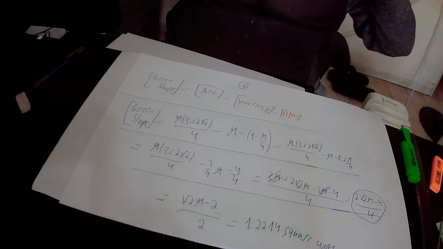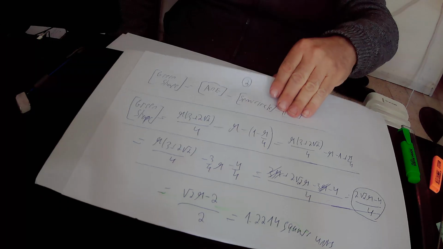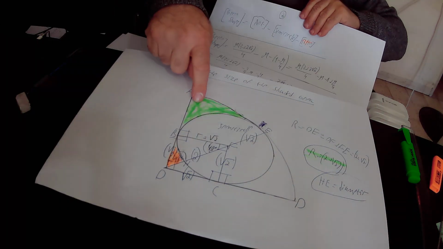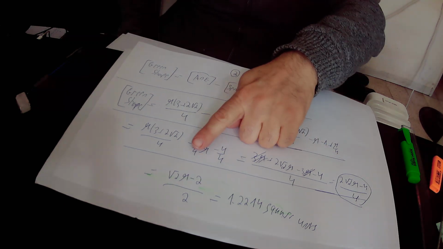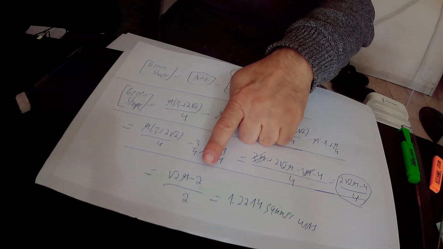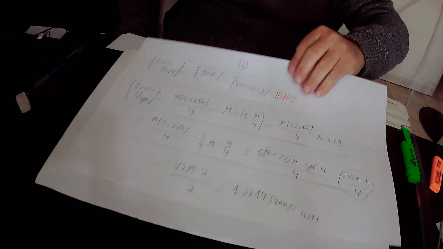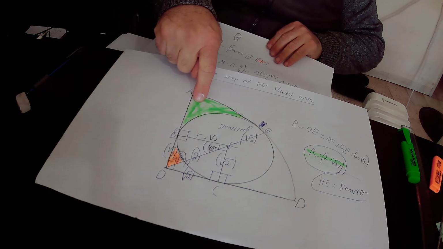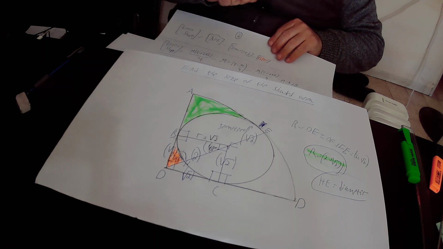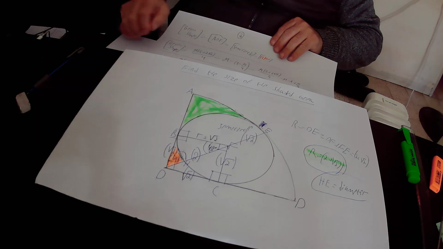So in total the area of this green shape is equal to either (square root of 2 times pi minus 2) over 2 square units, or in terms of numbers, the area of this green shape is equal to 1.2214 square units. Okay, thank you very much.